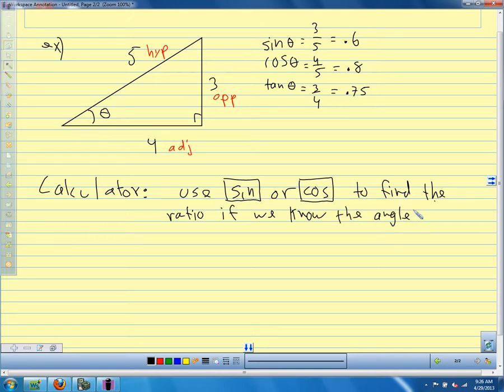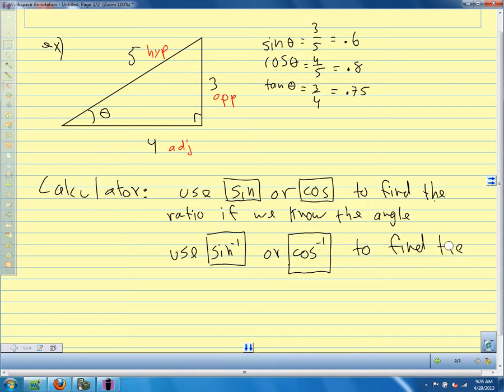If we know the angle, we just use the sine or cosine button and the calculator will tell us the ratio. We use the inverse sine or the inverse cosine, the same way we did inverse tangent, to find the angle if we know the ratio.